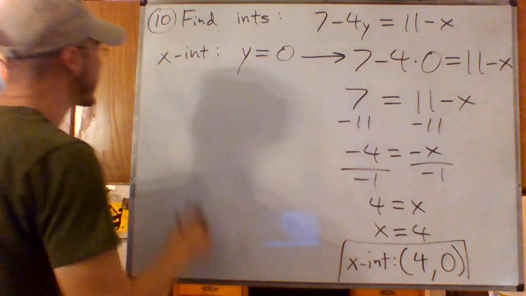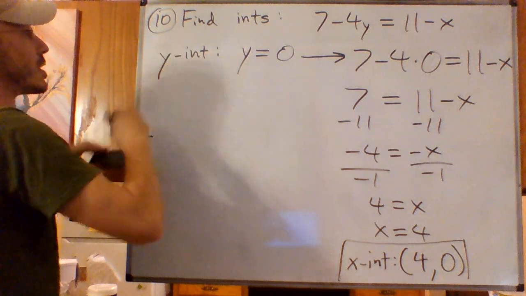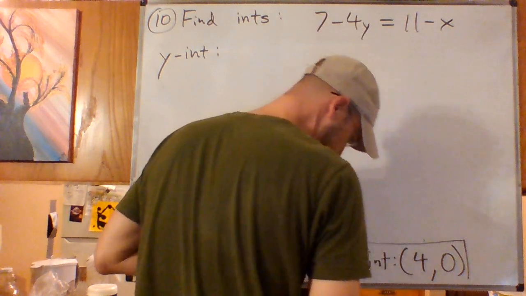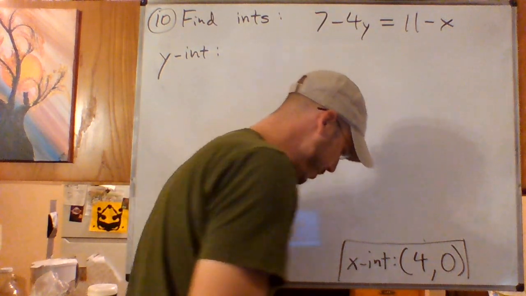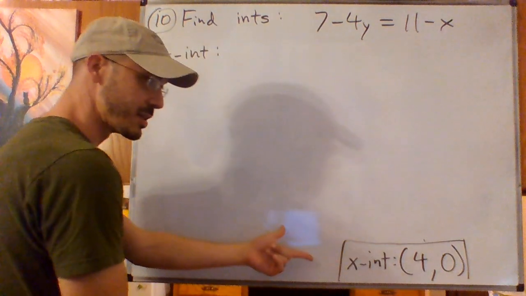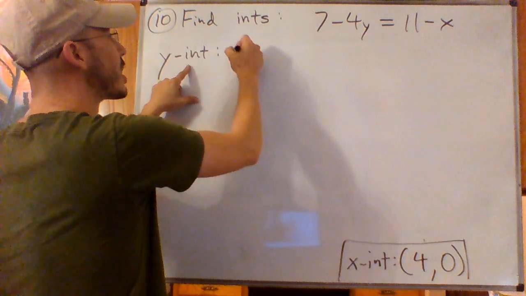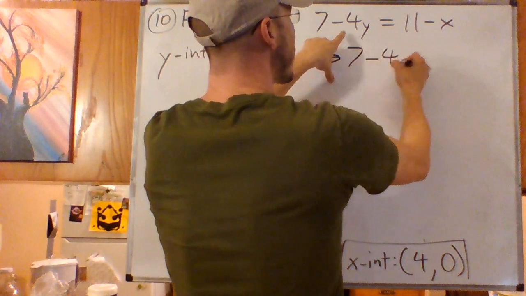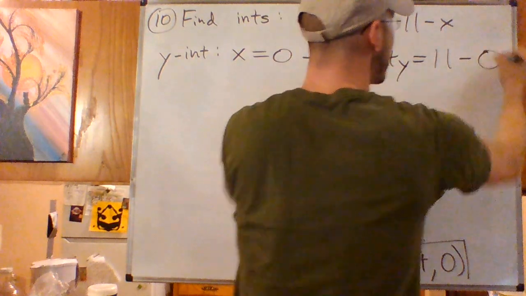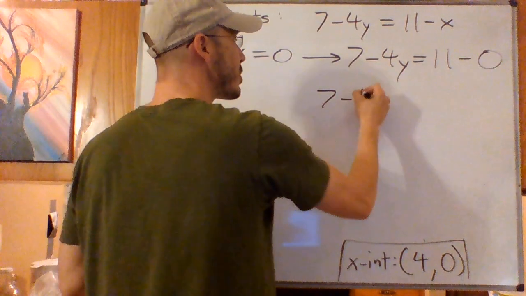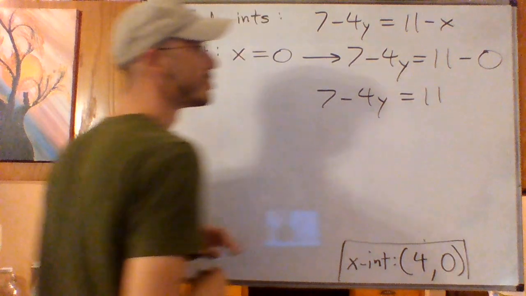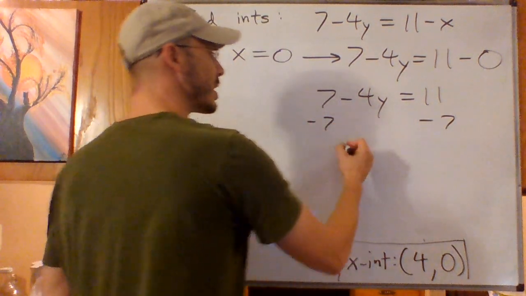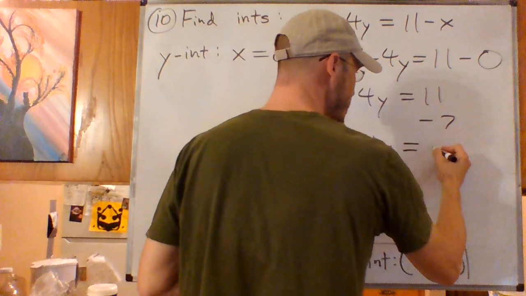We're going to find the y-intercept in a similar way. This one didn't mention graphing, so I think we just have to find it. The y-intercept means that I'll plug in x equals 0, which means 7 minus 4y equals 11 minus 0, or 7 minus 4y equals 11. Subtract the 7, and I get negative 4y equals 4.